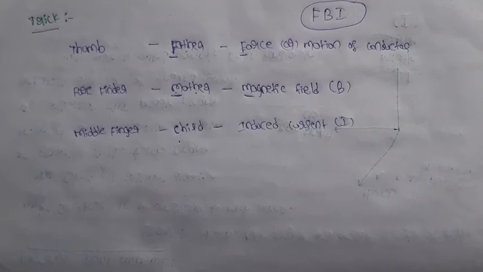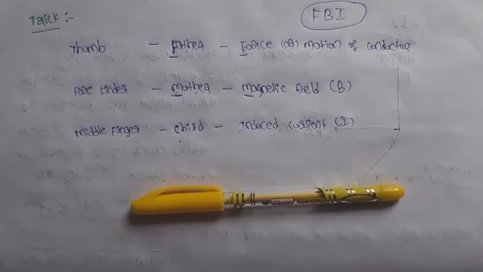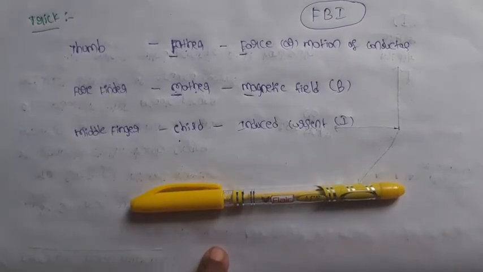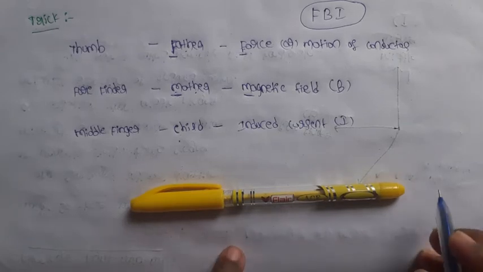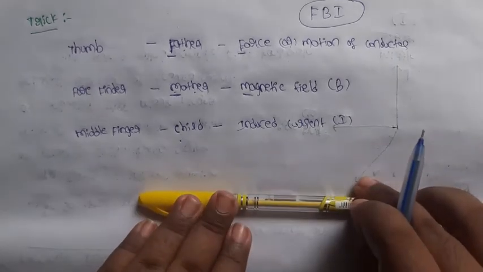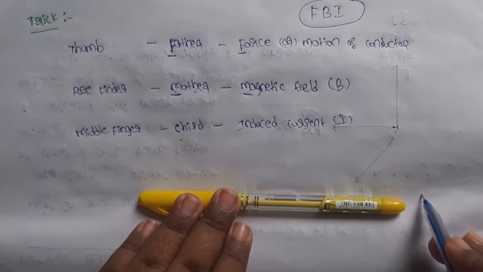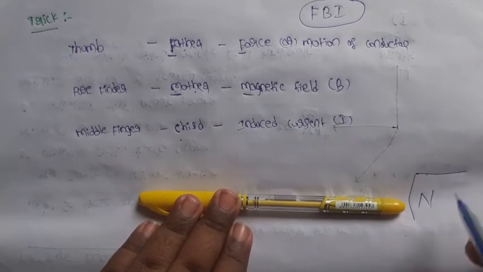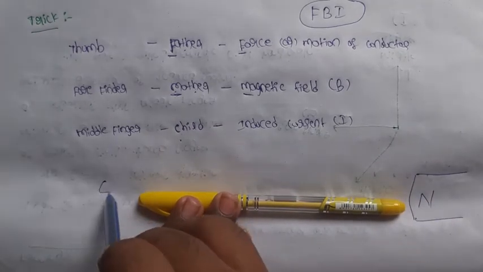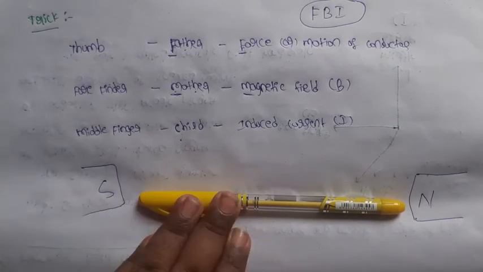Now, how to apply Fleming's right hand rule? Suppose I am taking this conductor. Now I am placing this conductor in an external magnetic field. This is the north pole, this is the south pole of the magnetic field.